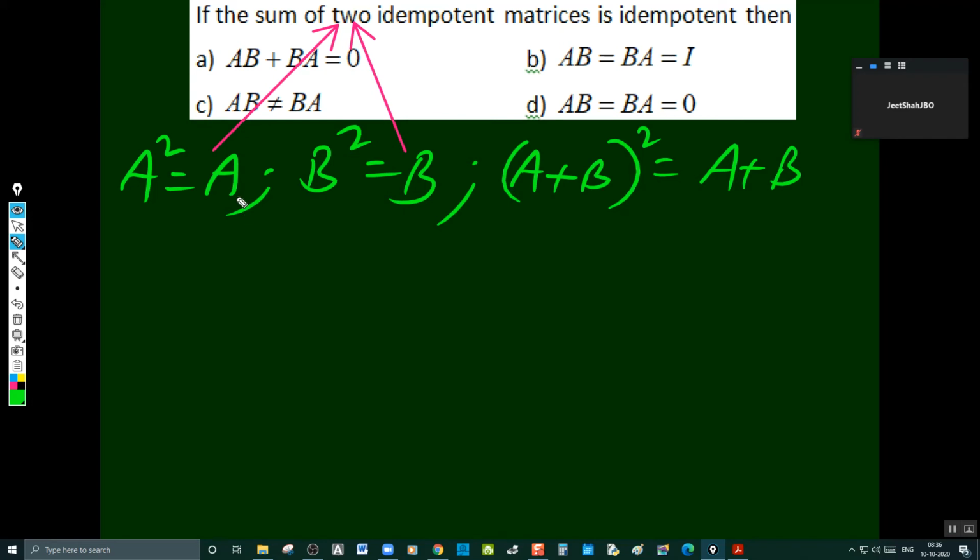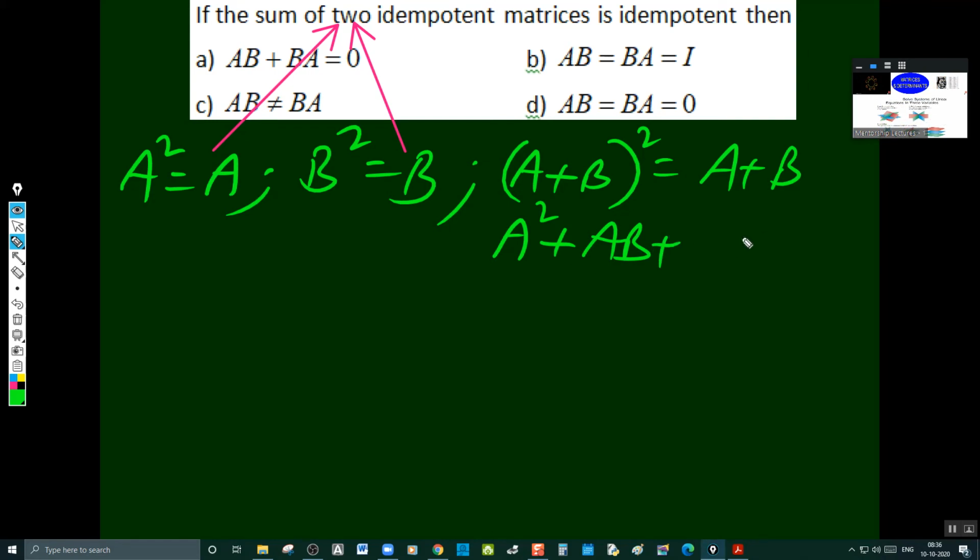So what happens now if you expand this: A square plus AB plus BA plus B square. And a very important point to be remembered here is that you should not apply the formula which you know in algebra, like a plus b whole square equals a square plus 2ab plus b square, unless you know ab is equal to ba.